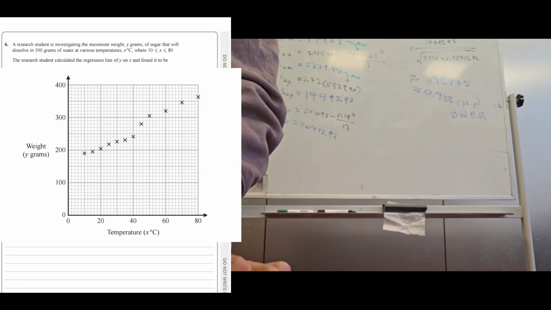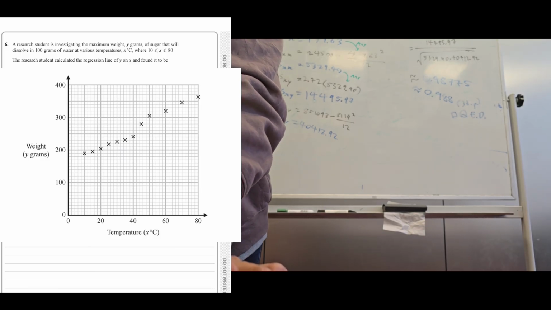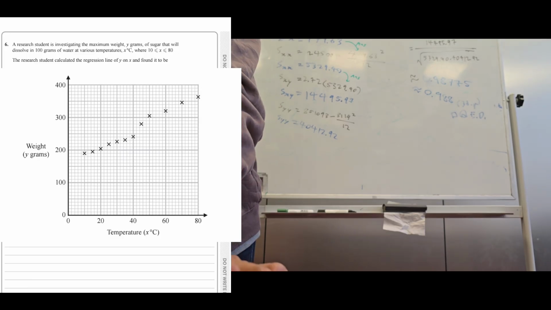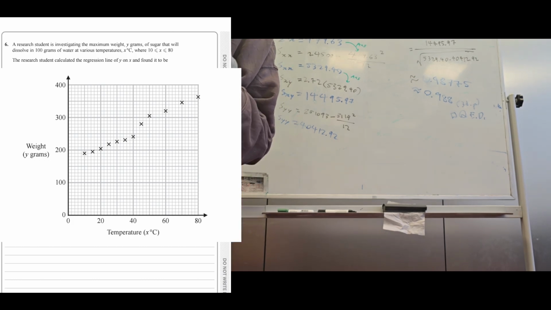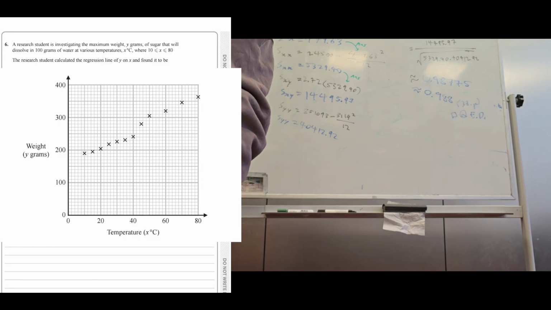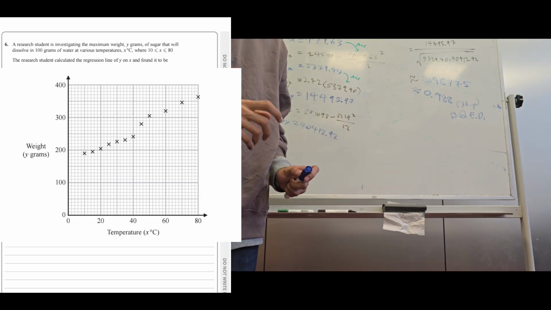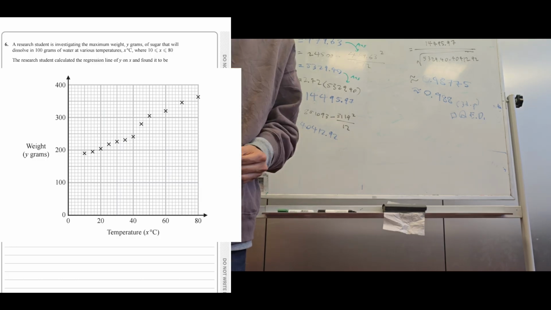So basically the question is asking, do you think this diagram is suitable for a linear regression model to describe the relationship between x and y? So look at the scatter diagram here. Is it suitable to use a linear regression model to describe that?